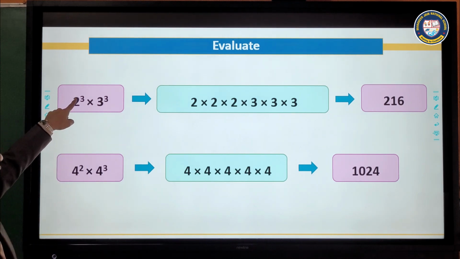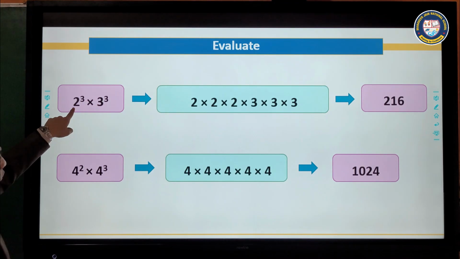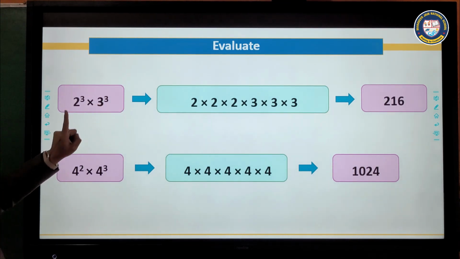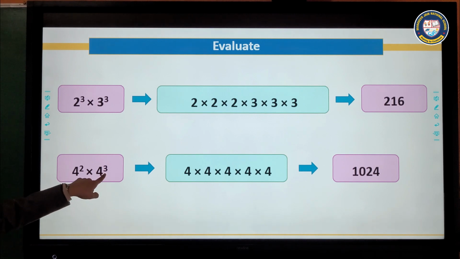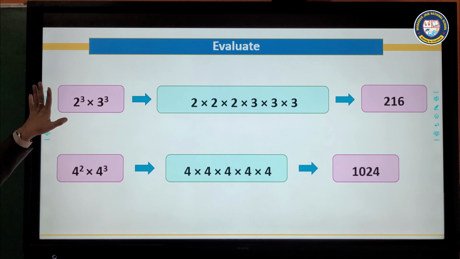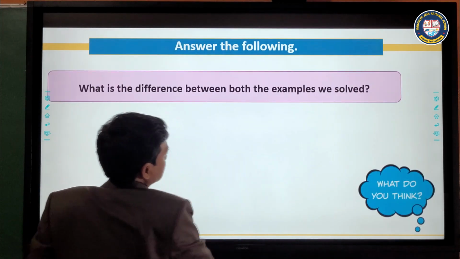My dear students, just have a look. This is 2 to the power 3 and 3 to the power 3. Here the bases 2 and 3 are different. But look here, 4 to the power 2 and 4 to the power 3, both the bases are the same.